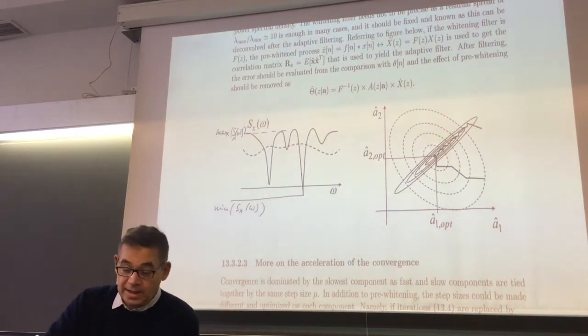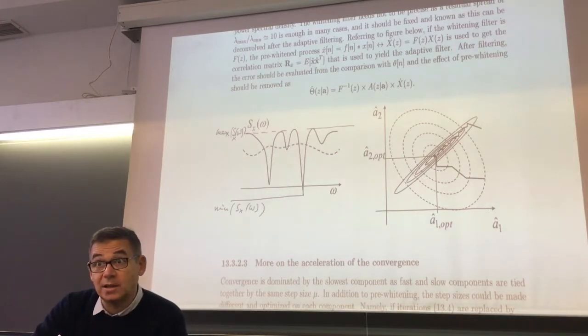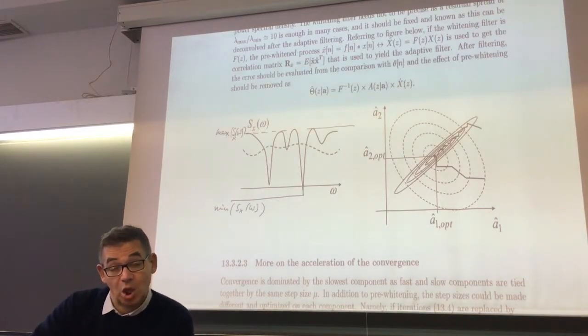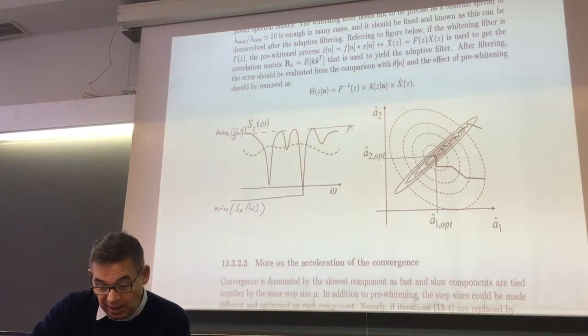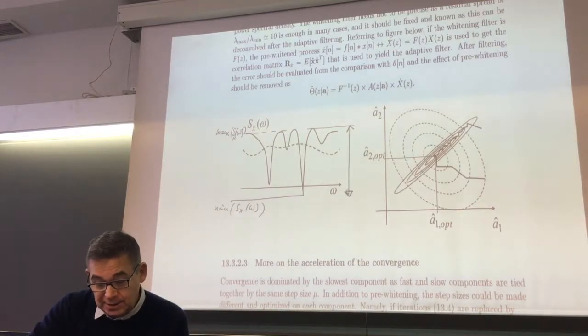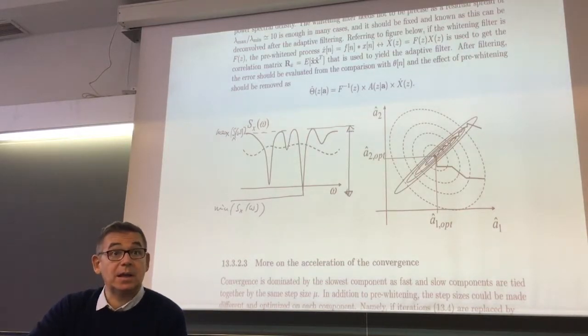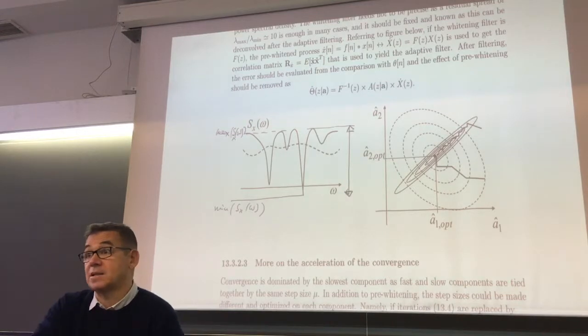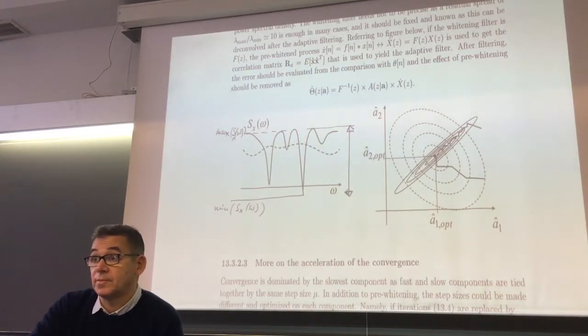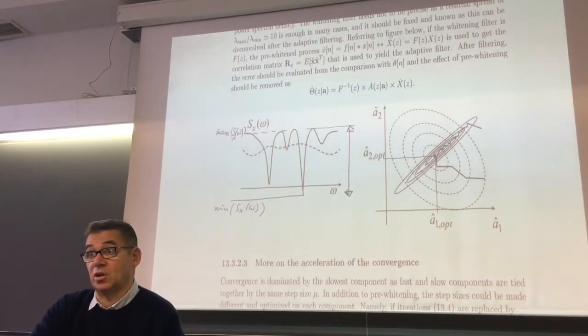Okay? And now, if I look at it in logarithmic scale, this distance is the ratio between lambda max and lambda min. Okay? If it is a logarithmic scale.